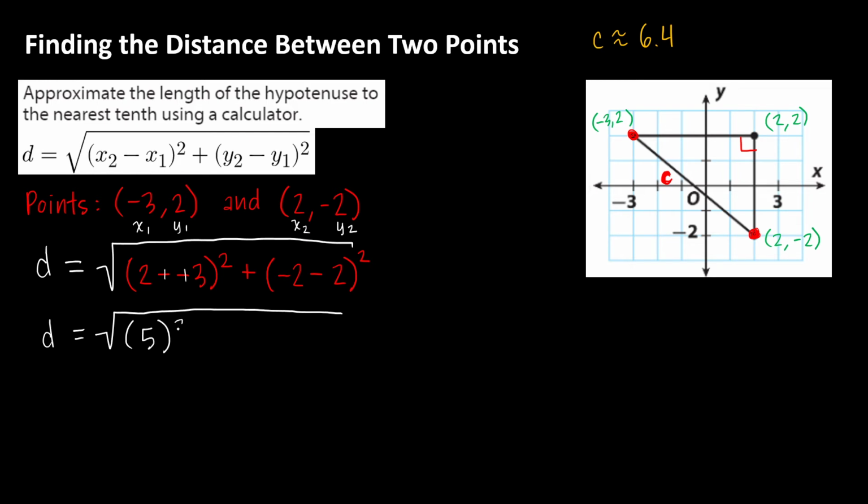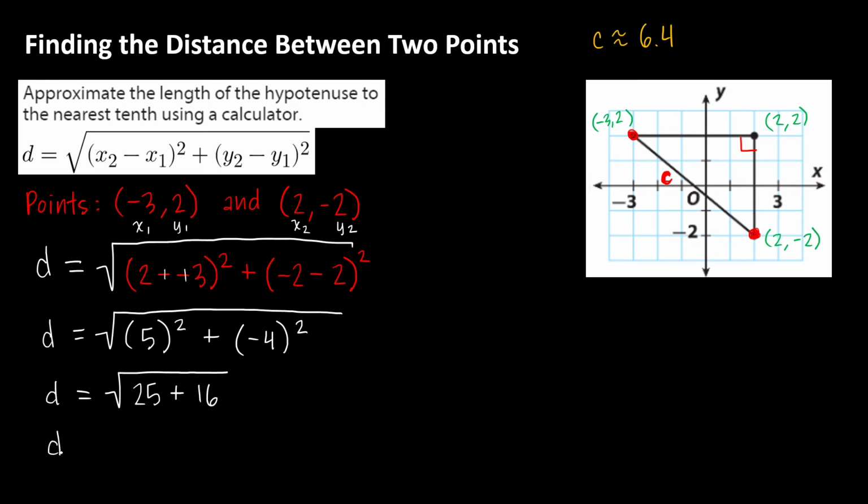So 5 squared plus, and then -2 minus 2 is -4 squared. Now I'm going to evaluate my exponents. 5 squared is 25 plus -4 squared. -4 times -4 is +16. Remember that a negative times a negative is a positive.